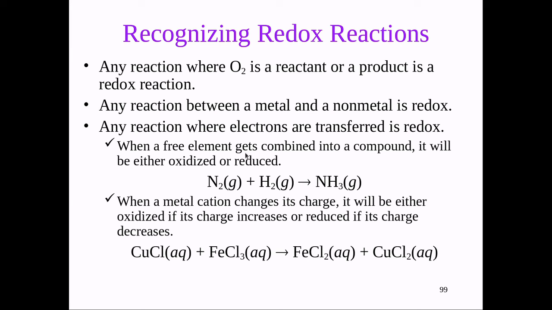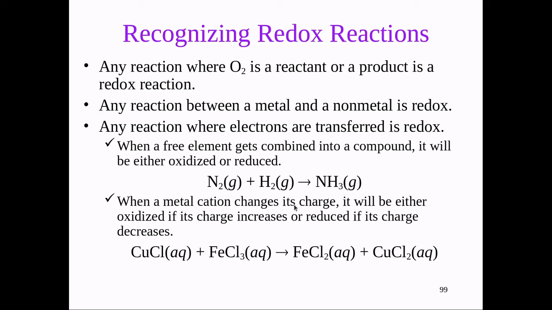When a free element gets combined into a compound, it will either be oxidized or reduced. So when we see these two coming together, there's an oxidation-reduction reaction happening. There's some kind of change in electrons that causes that to happen. Remember that the movement of electrons is what's driving all of our chemistry, because the protons stay the same on both of the atoms.